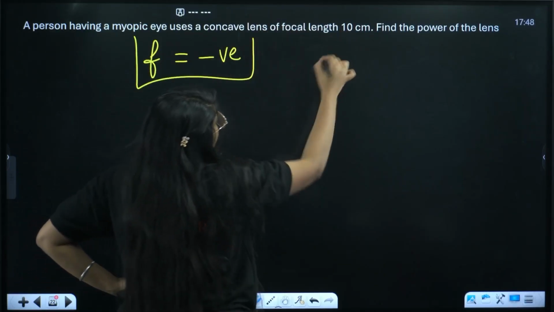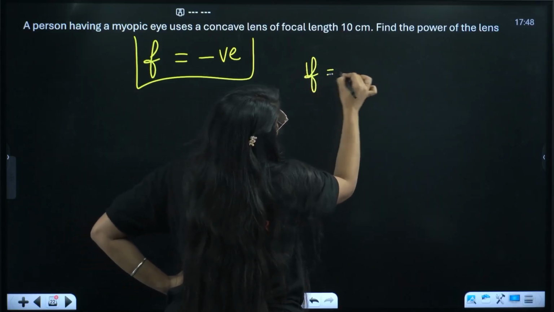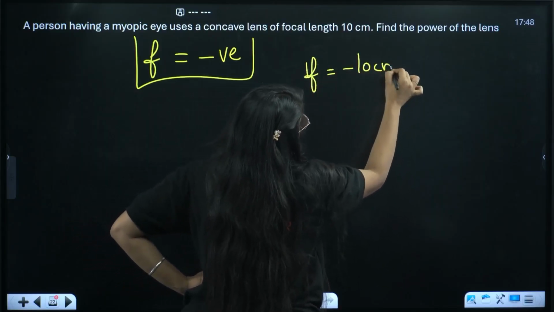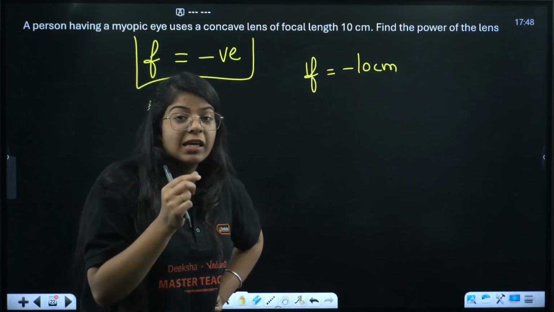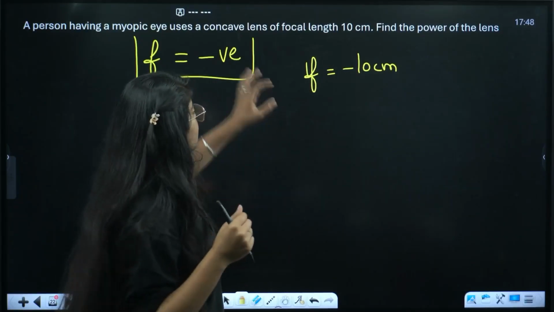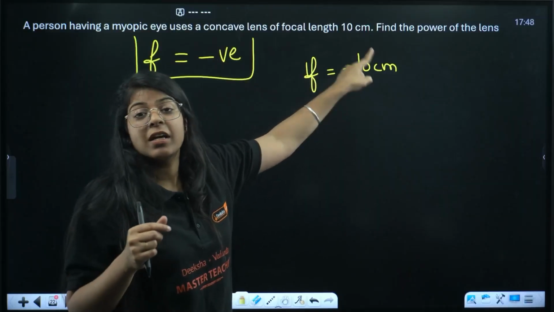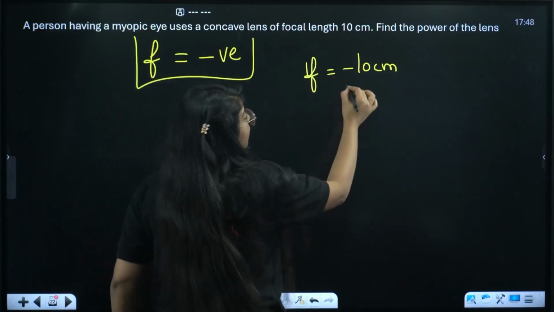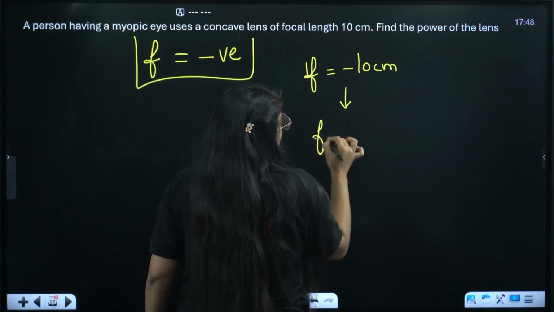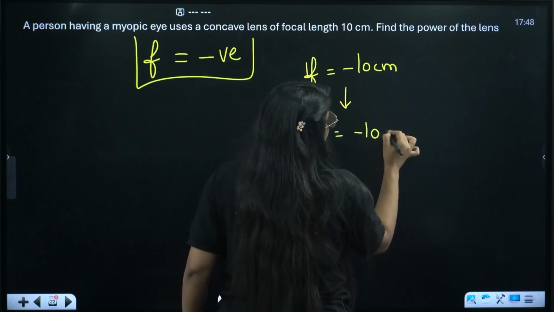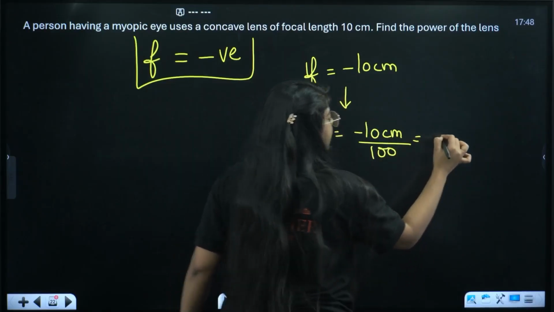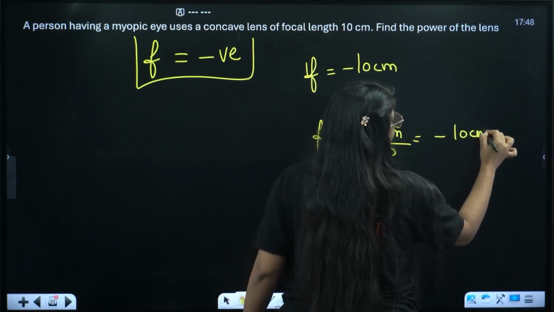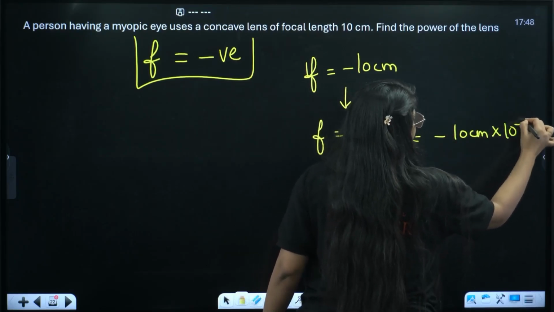Now if focal length is negative, that is minus 10 centimeter. There can be 2-3 tricky things here. First is the sign, second is units. It is in centimeter. You have to convert it into meters. So focal length will be minus 10 centimeter divided by 100, which also means minus 10 into 10 raised to power minus 2.